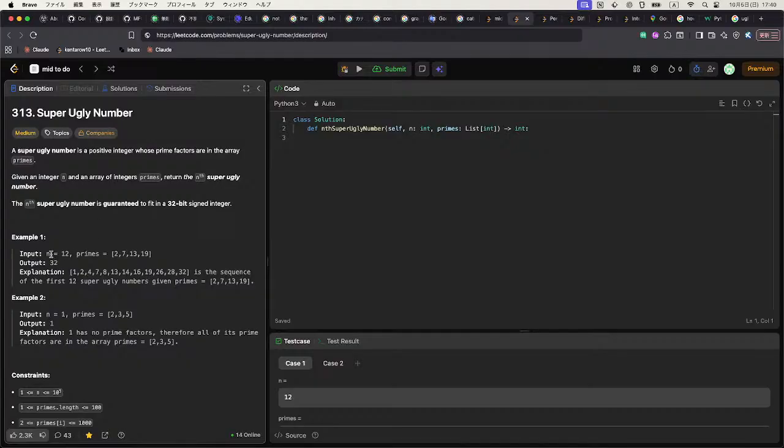Given n and primes, we have to return the nth super ugly number, and a super ugly number is a positive integer whose prime factors are in the array primes.